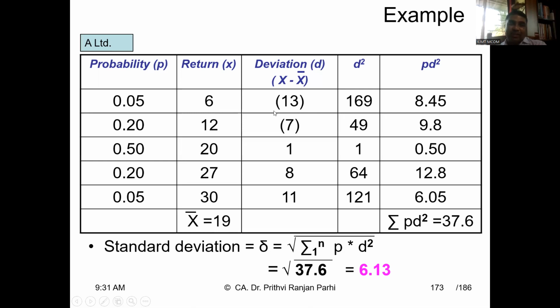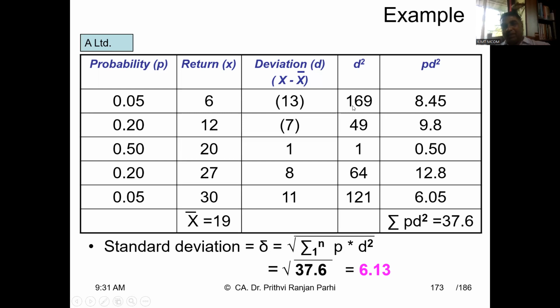So 6 minus 19 is minus 13. 12 minus 19 is minus 7. 20 minus 19 is 1. So these are the deviations in this column. Then you compute the deviation squares, called d squares. These deviations are squared so that there will not be any negative number. Now everything becomes positive.